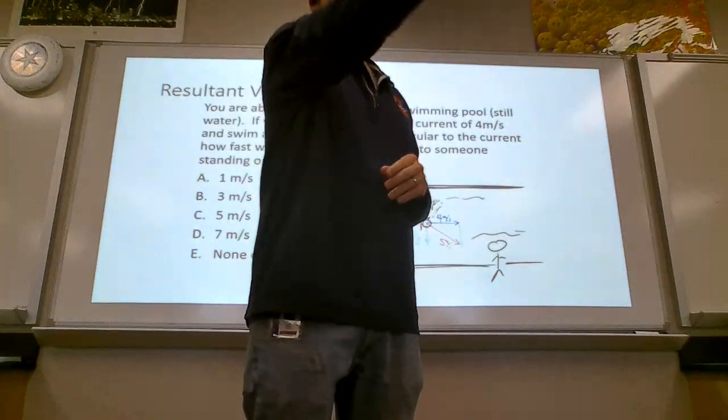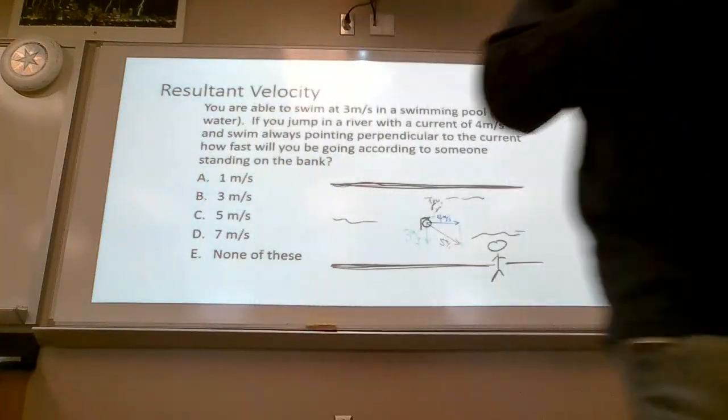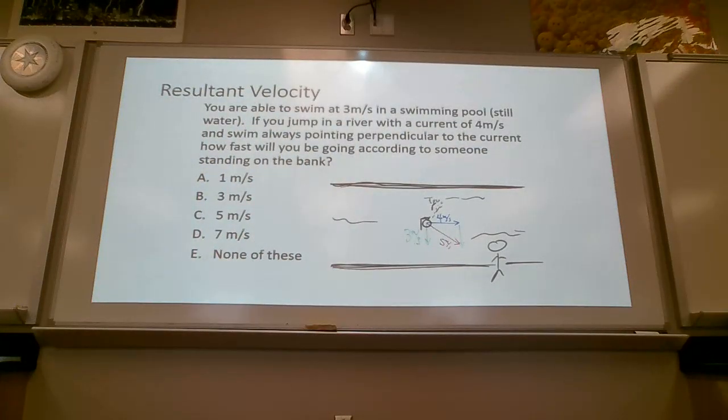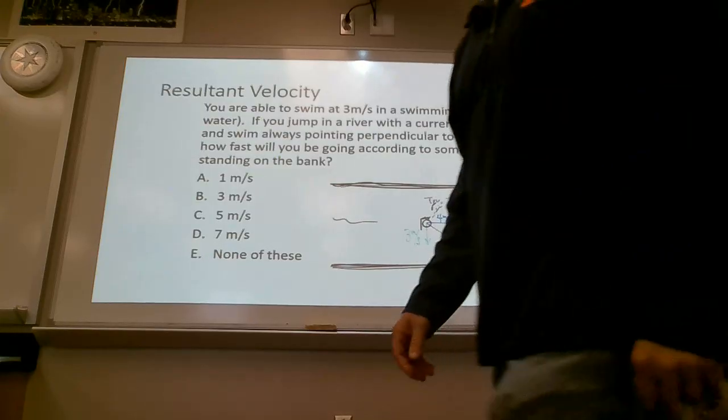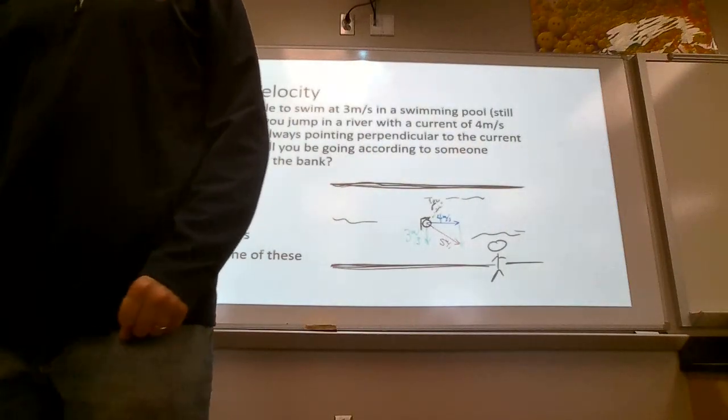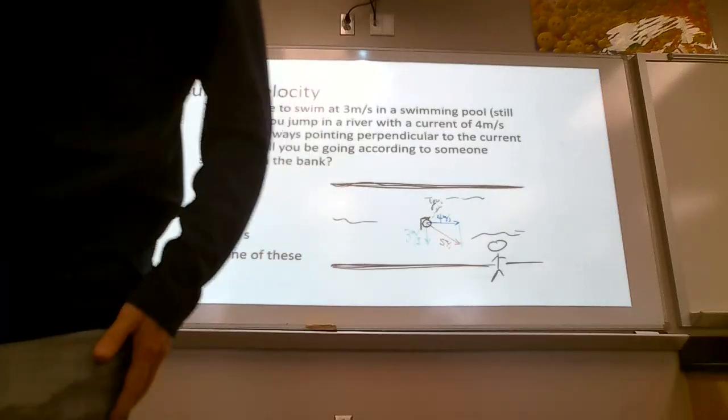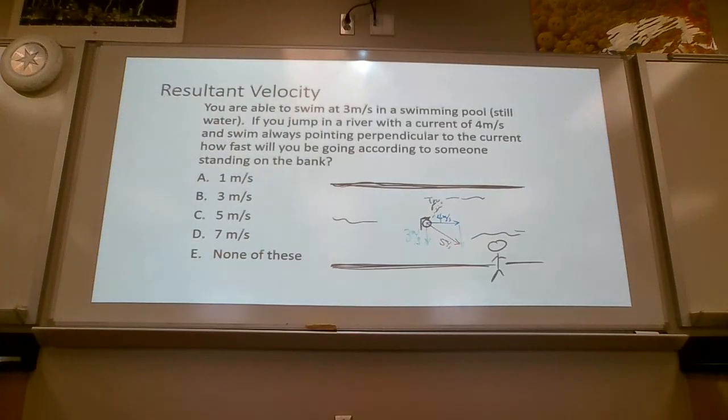Because what it does is it adds the two velocities together. So if you can train yourself to run like this, you can go faster than anybody else in the game. Well, a sort of practical application there. That makes sense?